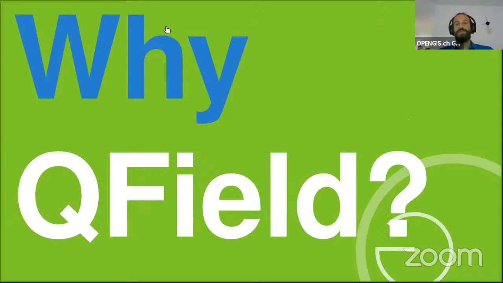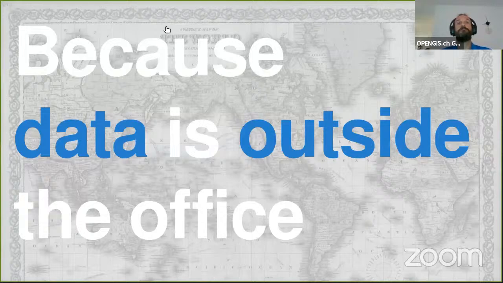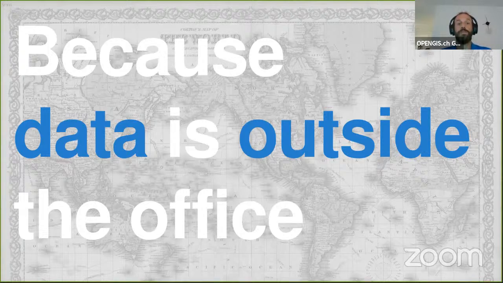Now, let's move to the most important part of today, which is why QField? Well, because data is outside of the office. When you're doing things that are related to data, you do want to be able to do things directly where the data is, and most of the time that data is not in the office you're working at.